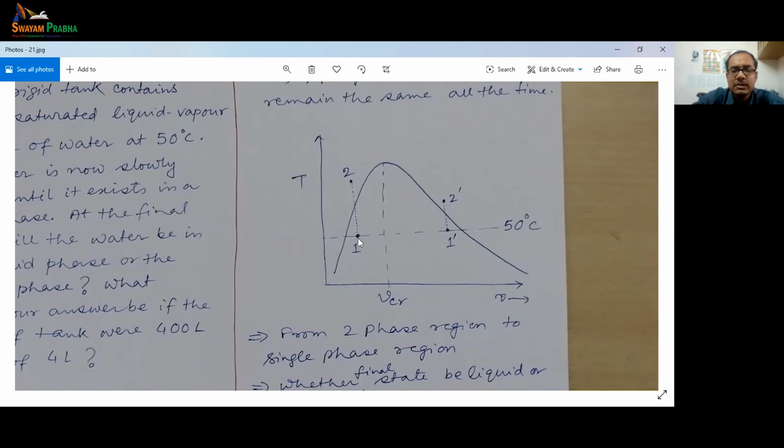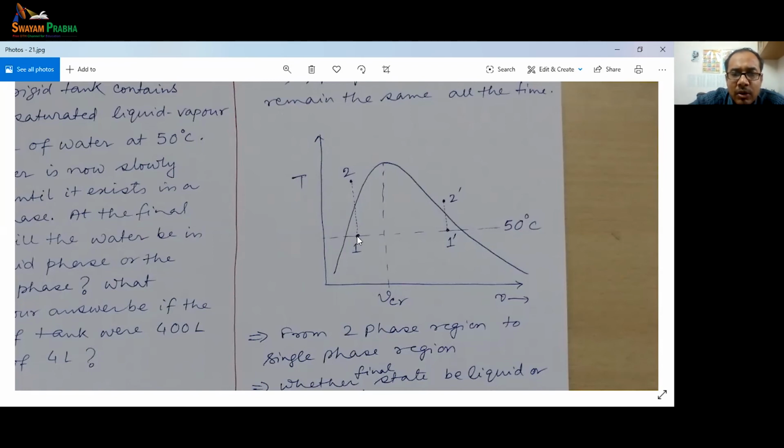Now you are at 50 degrees centigrade. Let's say this is the 50 degrees centigrade line, and you are somewhere here on this line, under this dome, because it is given that the initial state is a two-phase mixture.